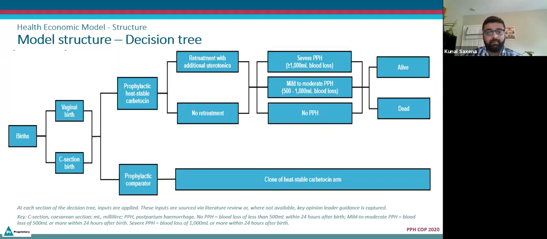Depending on what drug you're administered, then you either go retreatment with additional uterotonic depending on the need, or there is no need for retreatment. And then they further move into a node where there's a probability of a severe PPH event happening, or a mild to moderate PPH event happening, or no PPH event happening. And then finally, the women are allowed to exit the model either being alive or dead. And the same things happen for each of the other comparators in the model.